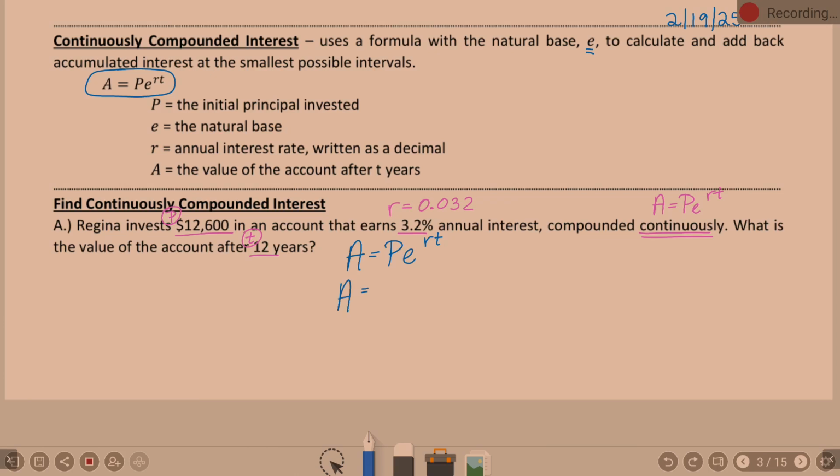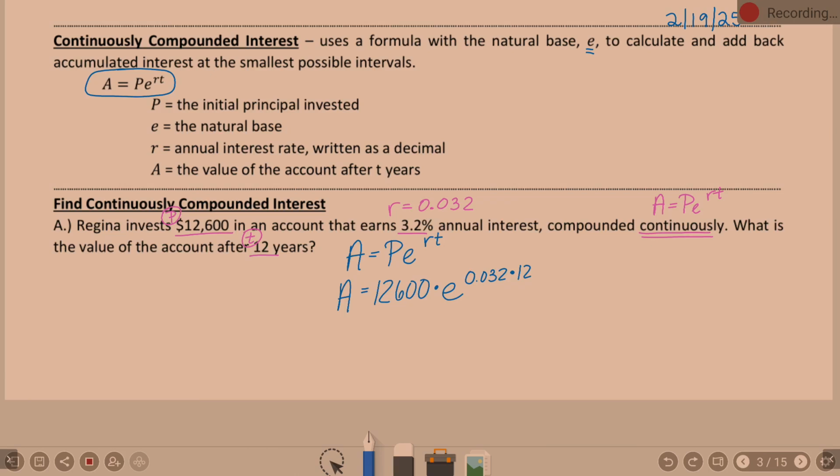We know P is going to be 12,600 times E, which stays E, to the 0.032, which is your R, times 12, which is your T. Now, like yesterday, there are right ways and wrong ways to do this on the calculator.